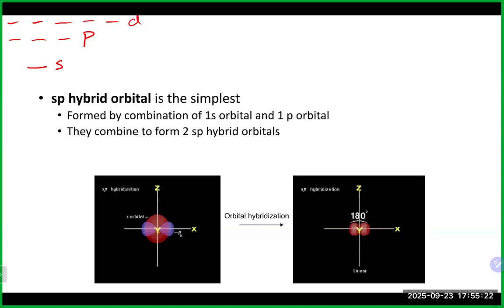So in the case of an sp hybrid orbital, we're going to take our s orbital, which is the spherical shape there, and there is our figure 8 p orbital right about there. Maybe red's not the best color there. And we're going to mix those together. We grab an s and a p orbital and mix them together to make this hybrid orbital.